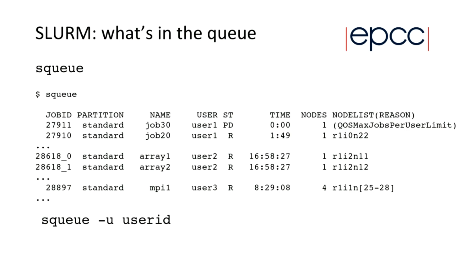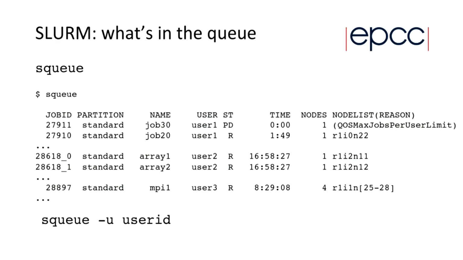One in the central column, which is ST, the header of the column for state, is showing R, which means it's running. And because this particular user actually has 19 other running jobs, he has one that is also pending, PD.